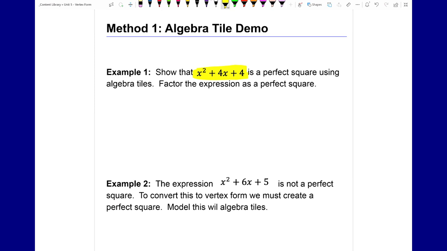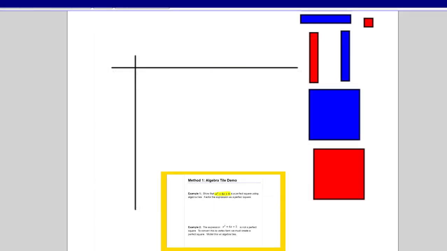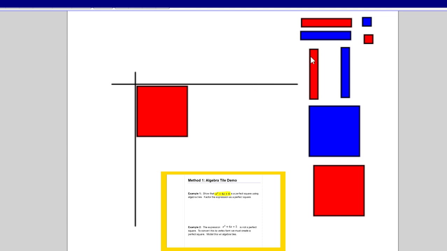So if I bring up my algebra tiles, I want to have x squared plus 4x plus 4. So an x squared would be one of the large shapes. I have the 4 x's, so I'm going to have 1, 2, 3, 4.